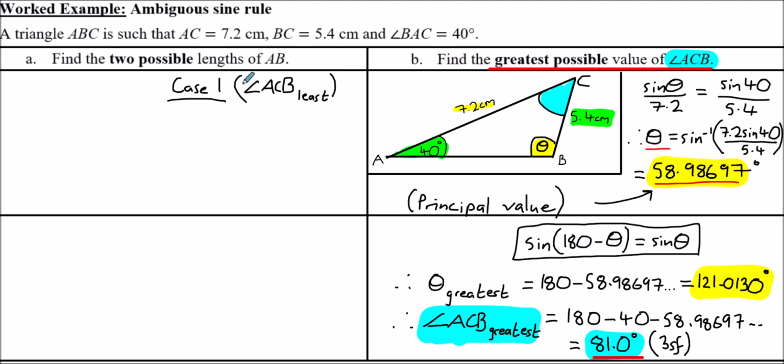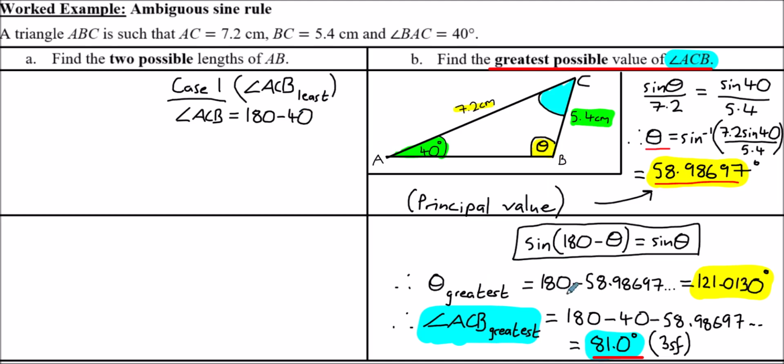Then ACB may well have been 180 minus 40 minus the greatest value of theta here.